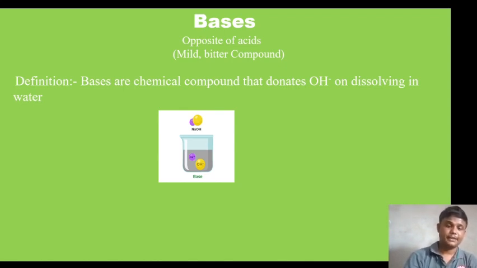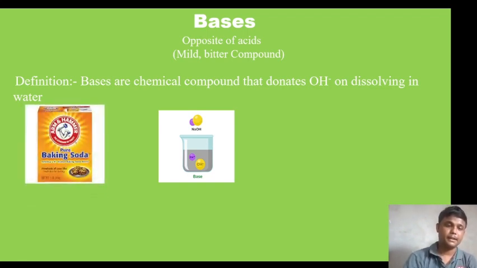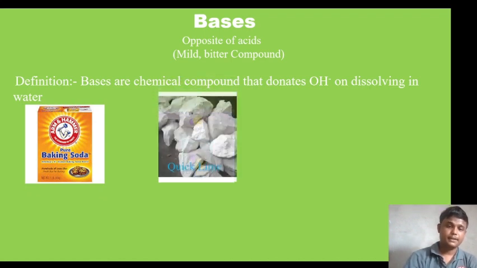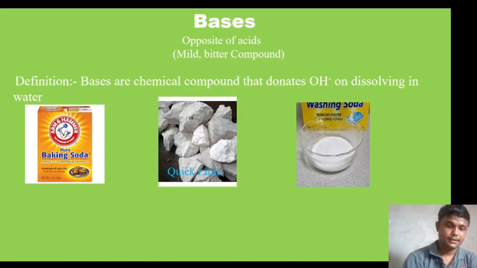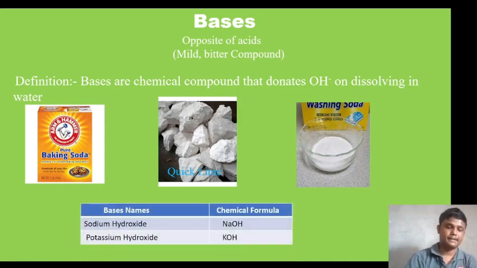NaOH gives Na+ and OH- in water, so it gives OH-, so it is a base. Examples: baking soda, quicklime, washing soda. Now these are the base names and chemical formulas. Sodium hydroxide has the chemical formula NaOH. Potassium hydroxide has the chemical formula KOH.